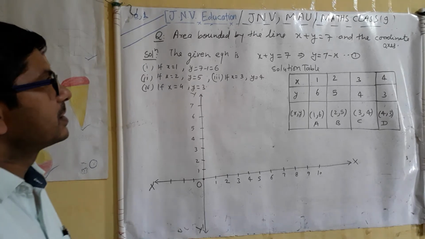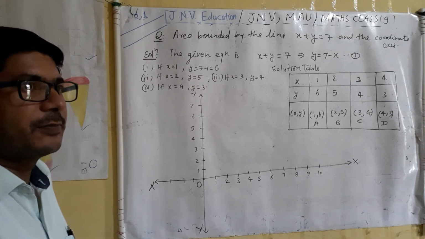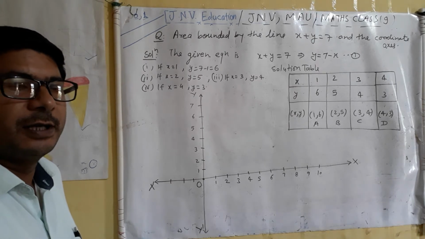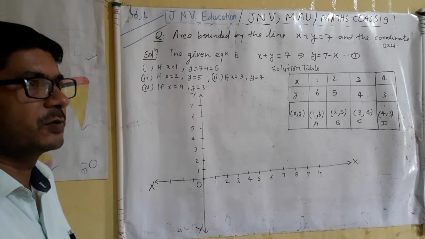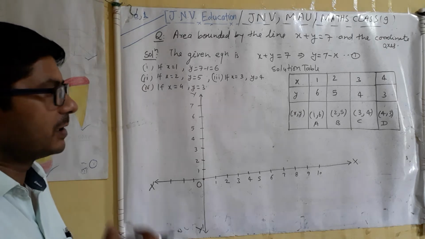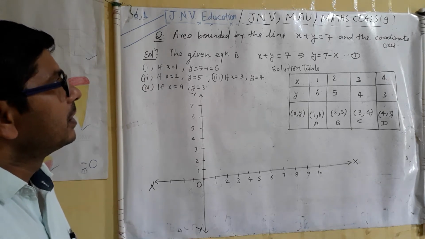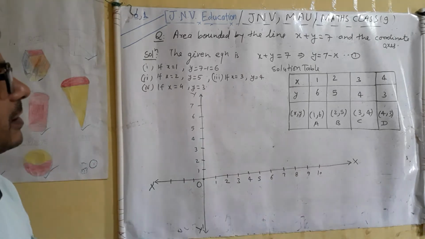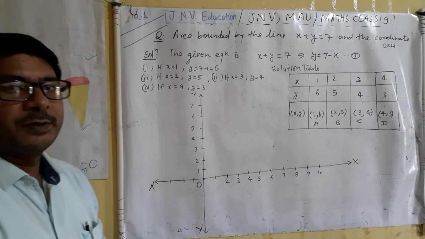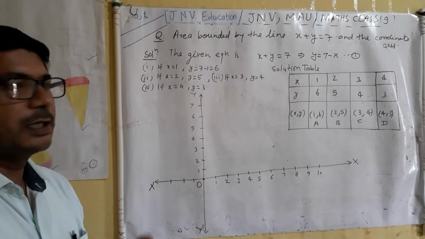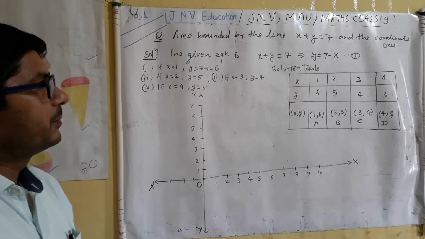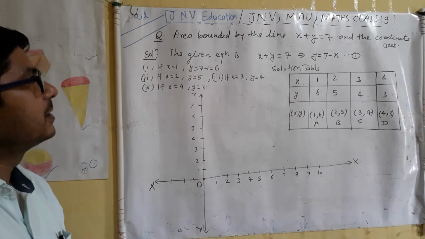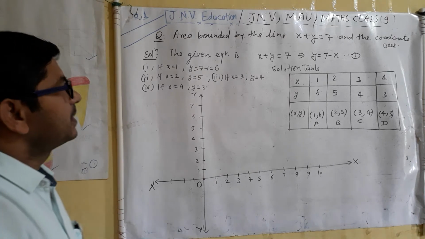As we discussed yesterday, the graphical representation of linear equation and its solution. In that series, today also we are going to learn the solution and graphical representation of the linear equation in two variables with a slightly different concept.